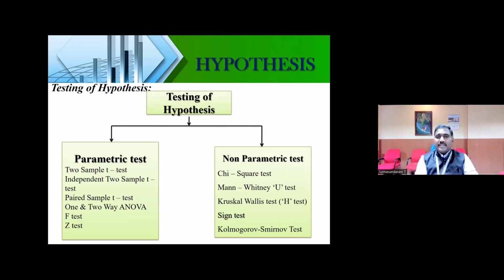Similarly, paired sample t-test. And similarly, one-way ANOVA, you can have 2 variables, where one variable should be a categorical, grouping variable. When you want to use a two-way ANOVA, more than 2 variables should be there, where compulsorily 2 variables should be grouping variables and one should be a dependent. That condition should be there. If such conditions are fulfilled and there is normality, go ahead with the parametric test.